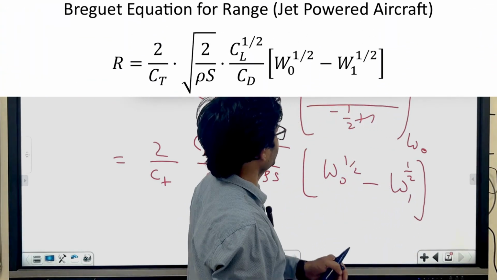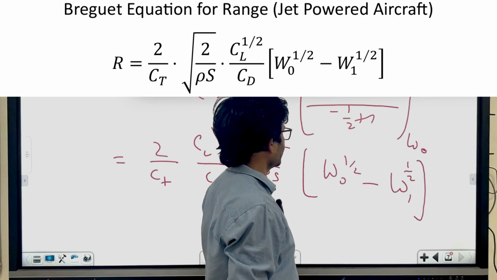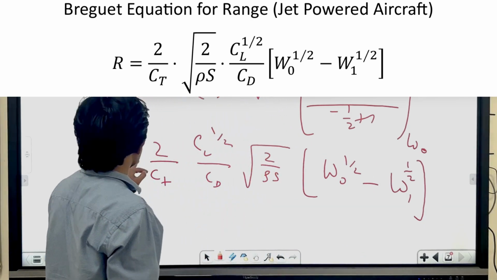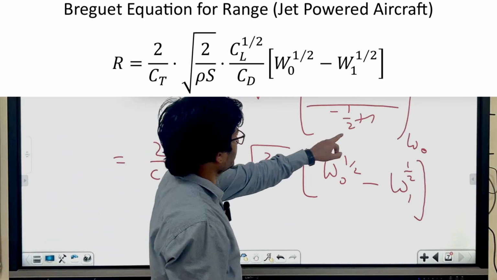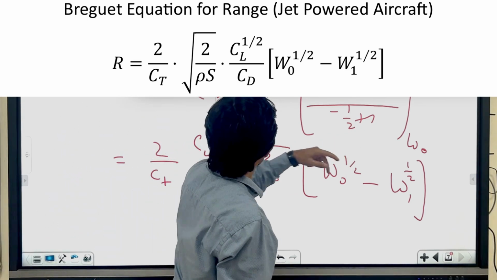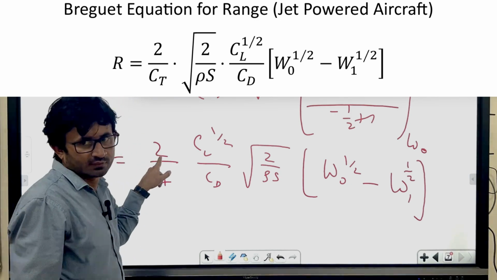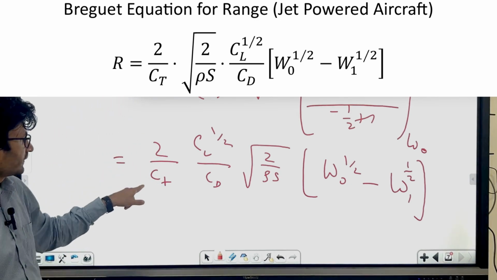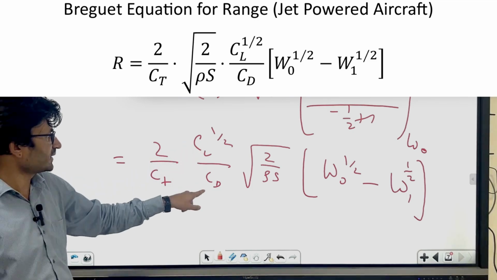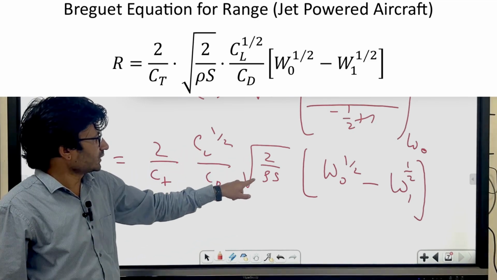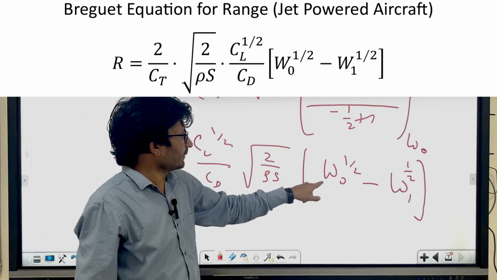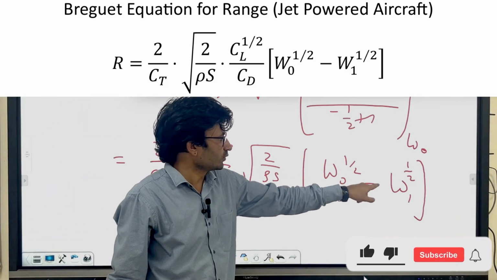If you apply the limit and take a minus sign common, this minus minus will become plus, and whatever 1 by 2 you are getting here, this 1 by 2 will come as a 2 here. So 2 divided by Ct, Cl power 1 by 2 by Cd, under root 2 divided by rho S into W naught half minus W1 half.